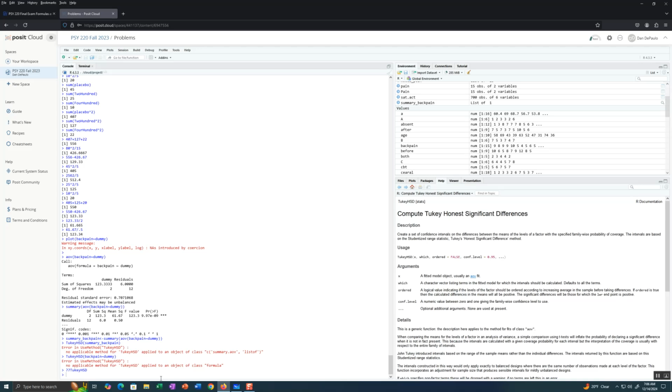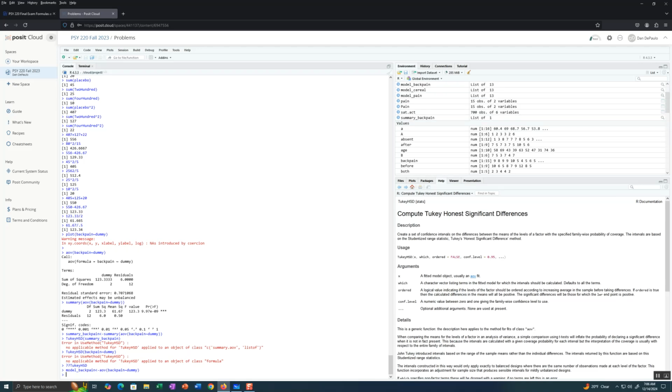So when I do the analysis of variance, I have to save this as a model object. So I'm going to call it model backpain. Save it as a variable, like this. And now I can do the Tukey thing with this object. That's got to be the exact type, and you can't make any mistakes.